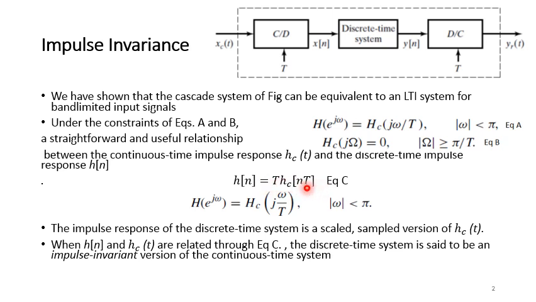I hope this gives you an idea, because we have covered sampling of the continuous time signal in detail. When we sample the continuous time signal we get a scaled version of the signal, which has multiple copies or replicas around 2 pi.